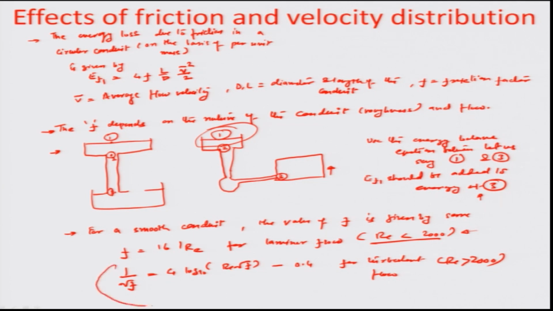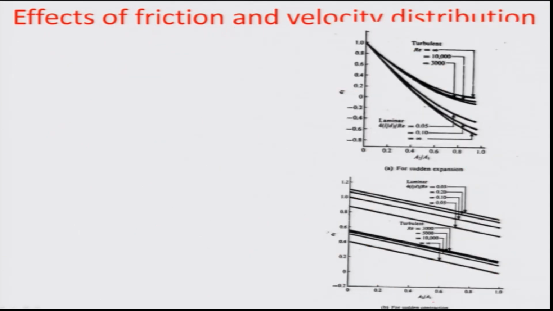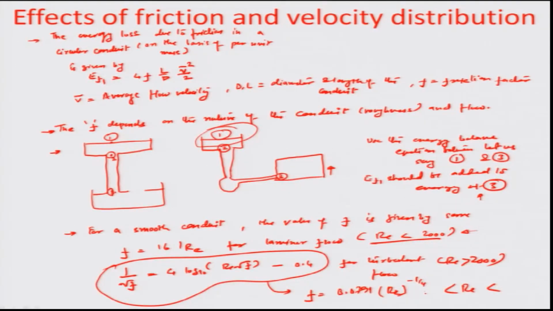So, I can probably solve this and approximate the total friction factor here f as 0.071 Re to the power of minus 1 by 4 for a Reynolds number mostly turbulent. So, varying between let us say 2100 and very high 10 to the power of 5 or so, which is like quite high Reynolds number.